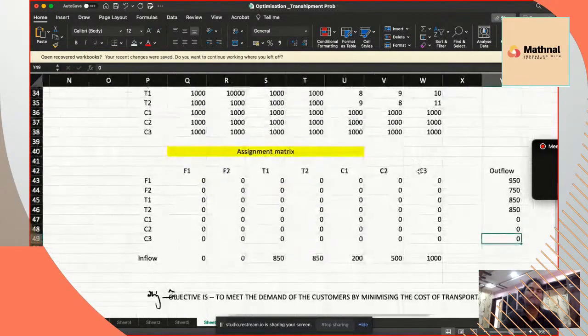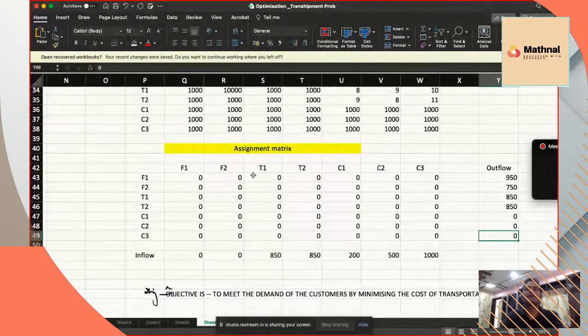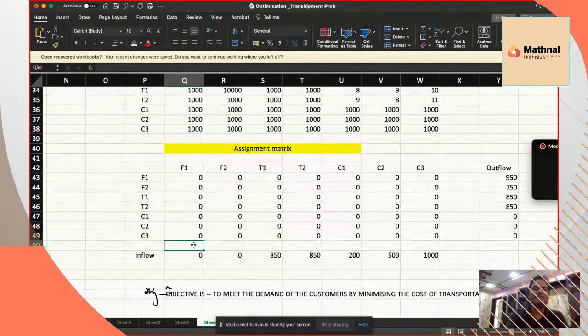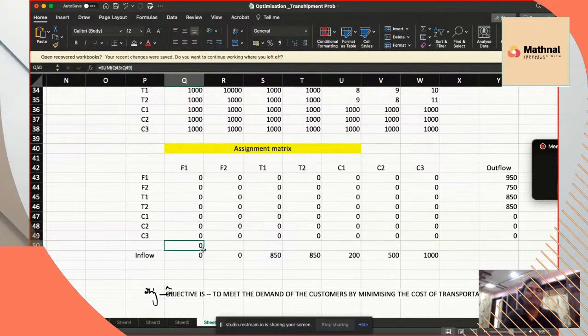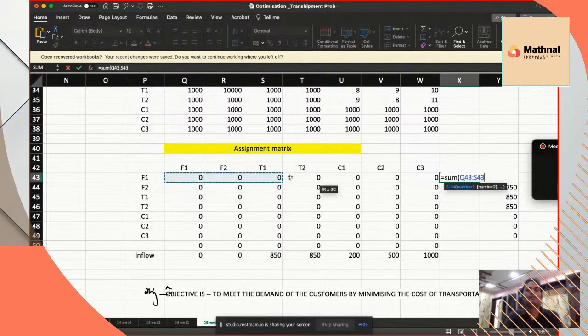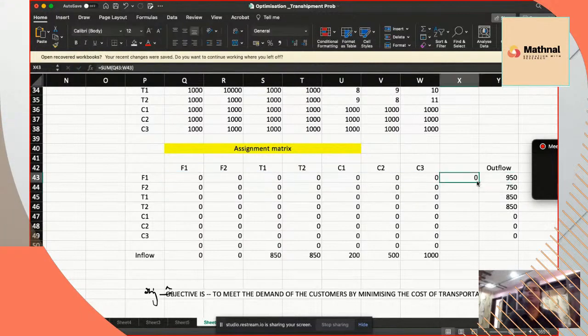Now, whatever assignments are done, those assignments have to follow these rates. The sum of assignments at F1, F2, T1, or T2 should be equal to this inflow, and the sum of assignments at outflow should be as per this outflow. Of course, there is a formula here.